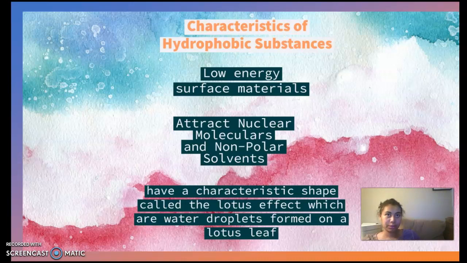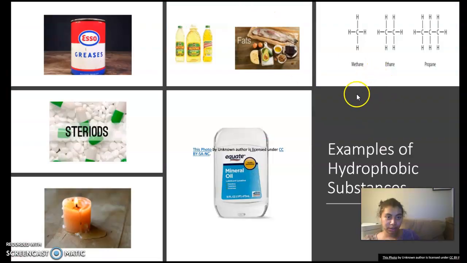I'm pretty sure after it rains, there'll be little rain droplets on those green leaves that you see on a plant. That's called the lotus effect. So after rain, if you ever get a chance, you can see the little water droplets on the leaves.